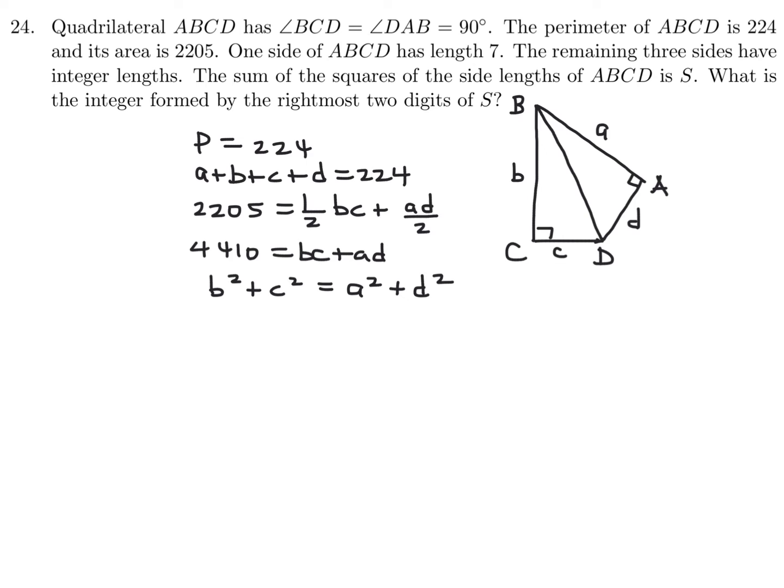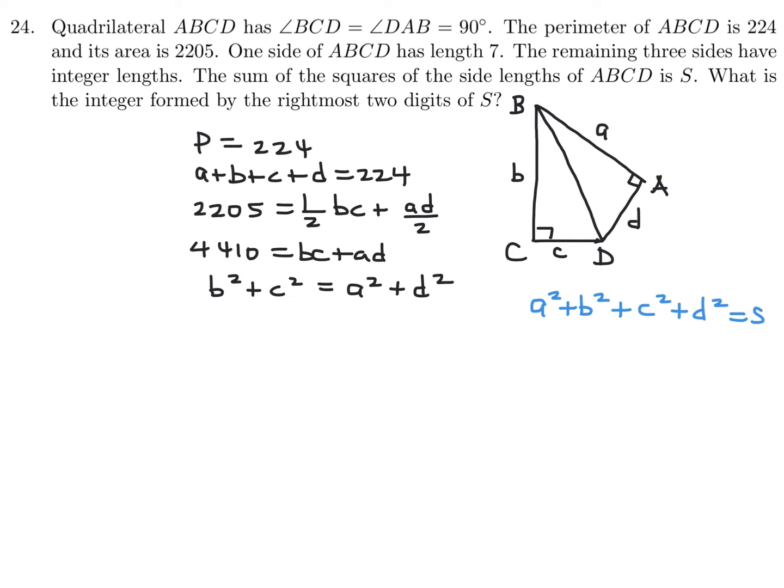What are they asking for? The sum of the squares of the side lengths, which would be a squared plus b squared plus c squared plus d squared, and they're saying that is s.